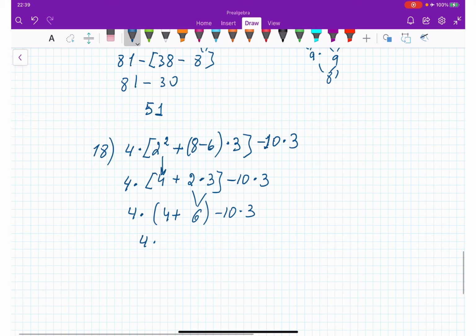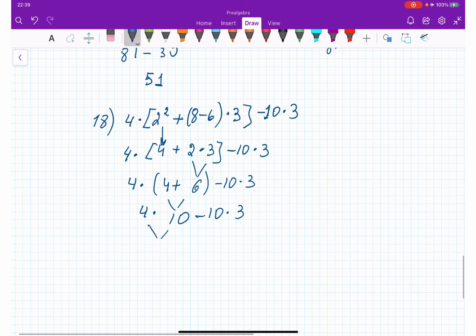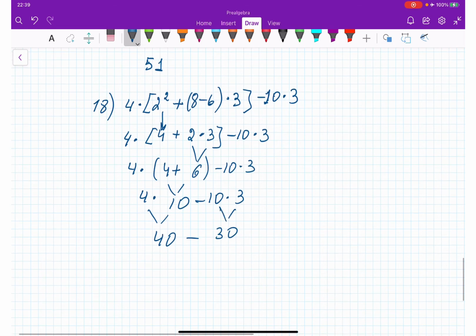Next, 4 times 10 minus 10 times 3. Next, 4 times 10 is 40 minus 10 times 3 is 30. And the result is 10.